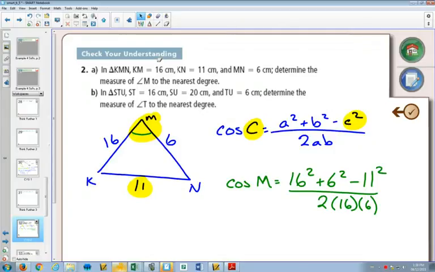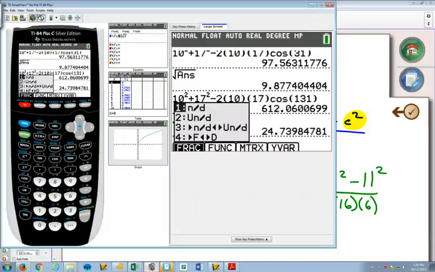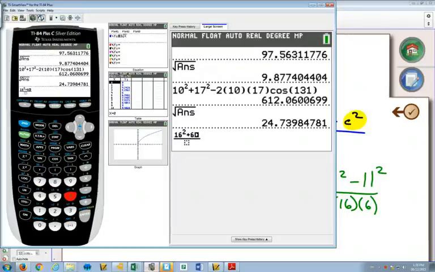Again, we can type this all into our calculator all at once. It's a big fraction, so it makes sense to go to our menus, alpha, y1, and go to our menu to write this as a fraction. 16 squared plus 6 squared minus 11 squared divided by 2 times 16 times 6.